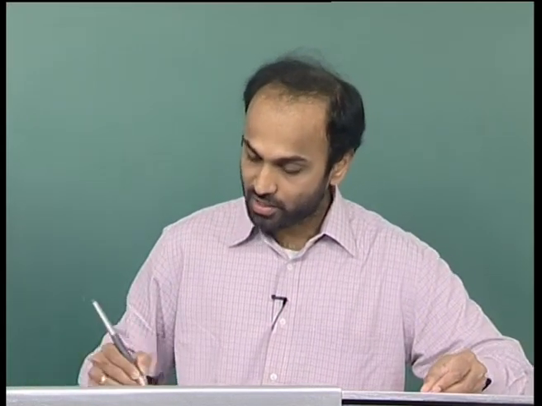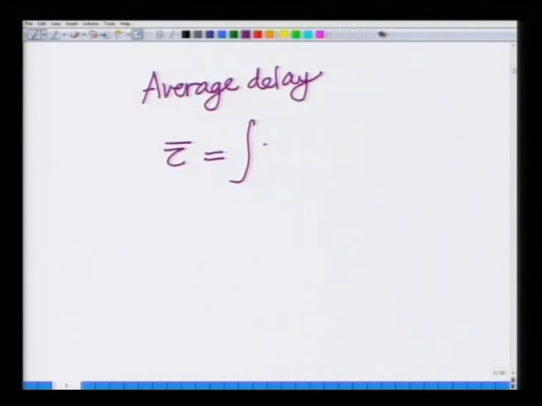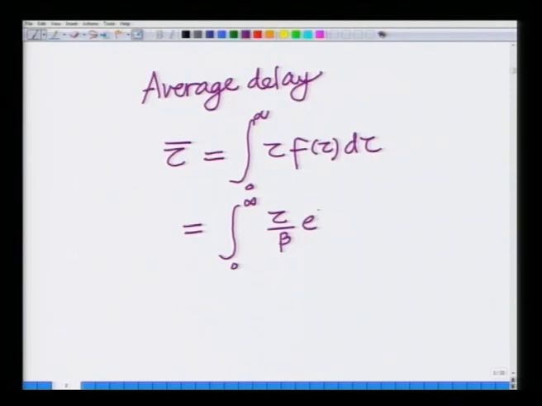Now, the average delay tau bar is nothing but the integral of tau times f of tau d tau. This is nothing but the integral from 0 to infinity of tau over beta e power minus tau over beta d tau.